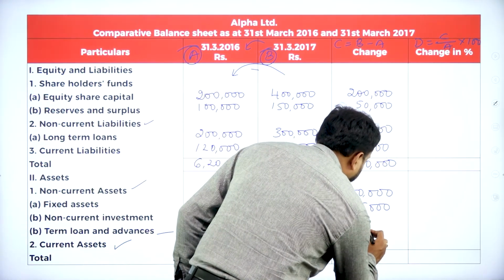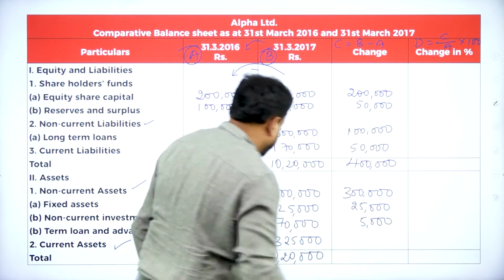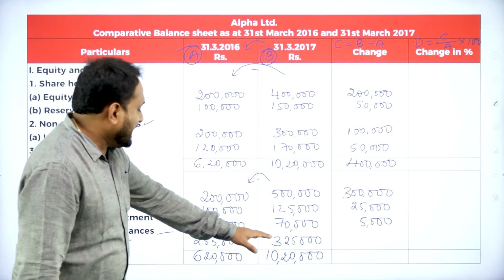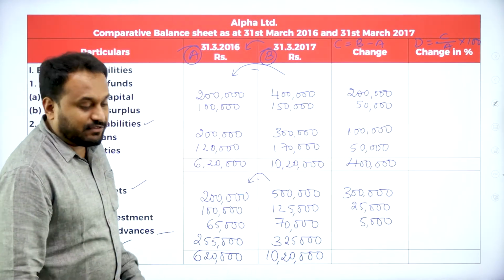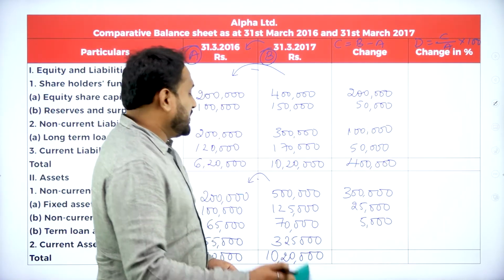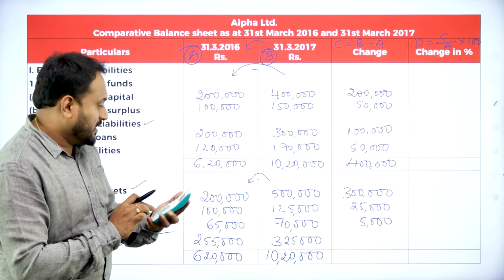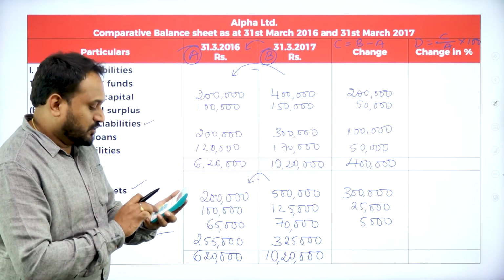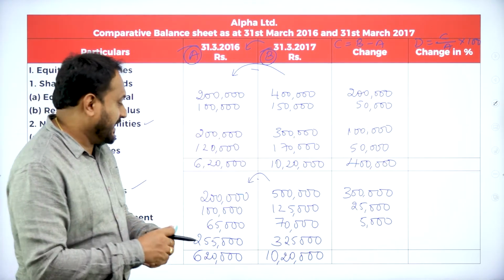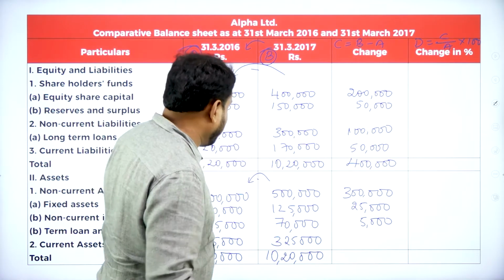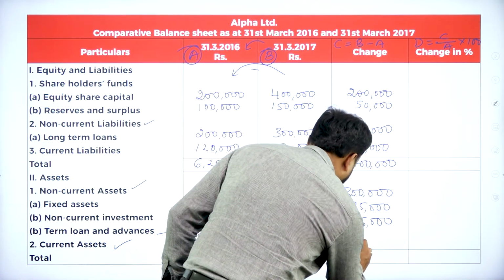Be very careful when you are writing the numbers. Next here, 3 lakh 25 and 2 lakh 55. Don't take stress here. 3 lakh 25 minus 255 is equal to 70. So we got 70,000. We'll write here 70,000.